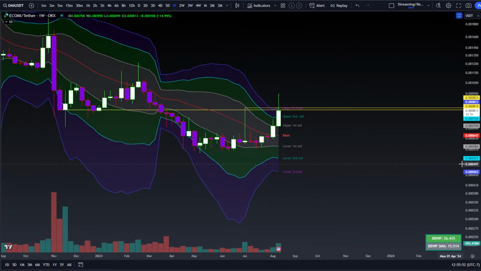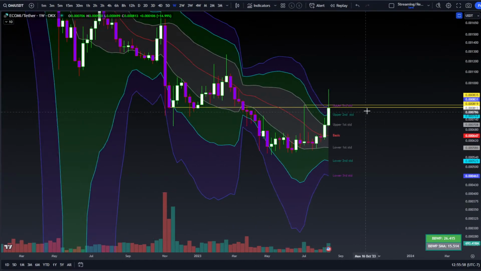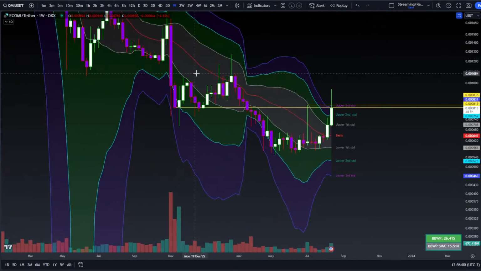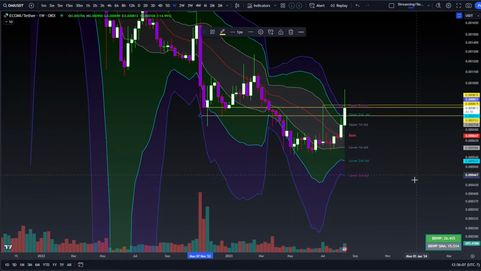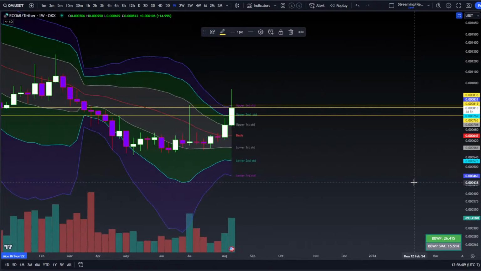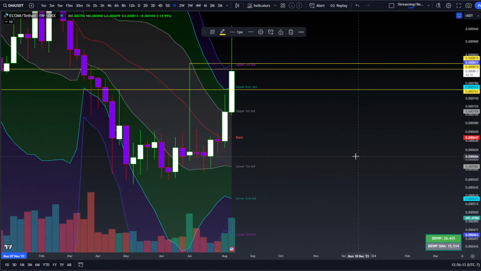Closing above the upper second, it's okay. It wicked up into the range above on the weekly, and I don't know how to read these numbers because they are so tiny. A reclaim of the highest volume wick low on OKX is okay. That's the upper second standard deviation as it stands, and that's 0.0007 cents.